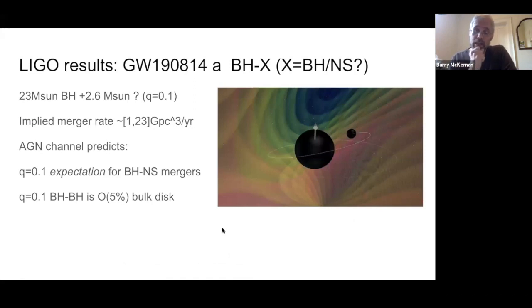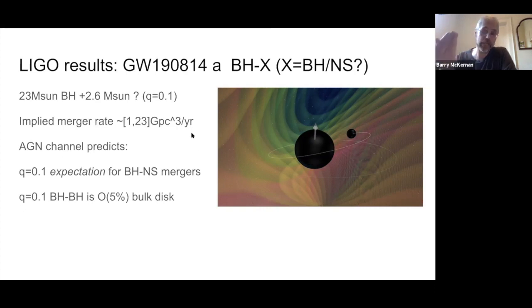So the other LIGO event I just wanted to briefly focus on, GW190814. It was a black hole merger where the companion is either a black hole or a neutron star or something in that lower mass gap. There's a high implied merger rate associated with this type of merger.